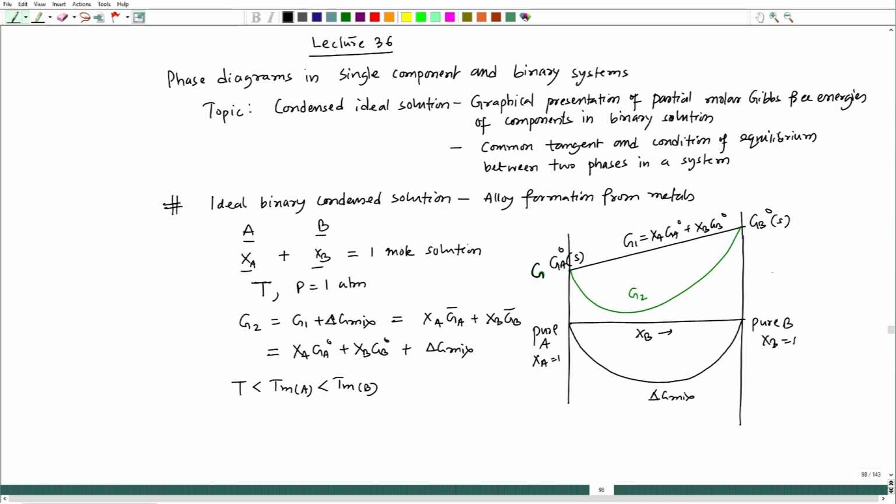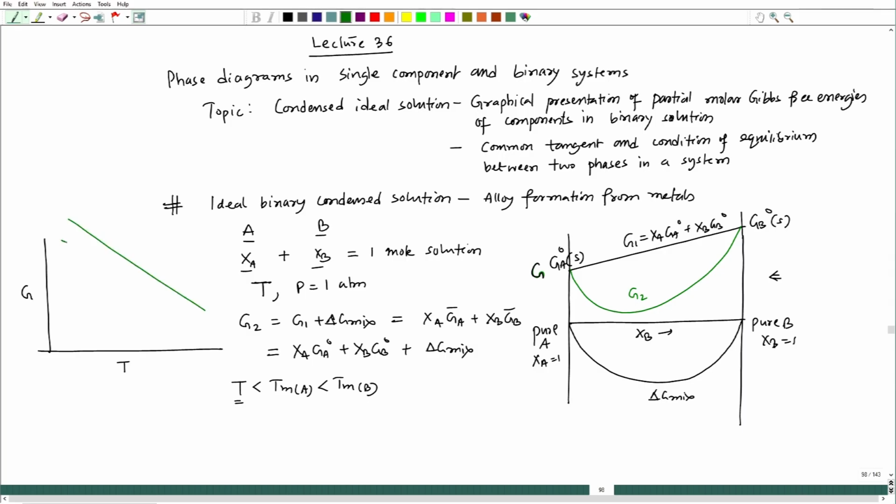Now, we will take this particular plot by considering the reference value as 0. So, since we are taking this temperature which is less than TMA and TMB, with reference to this particular free energy versus temperature plot for pure condition.